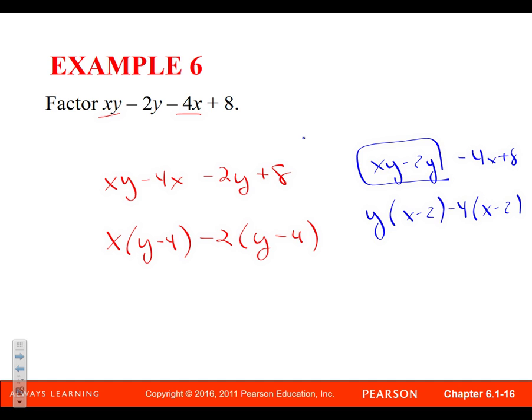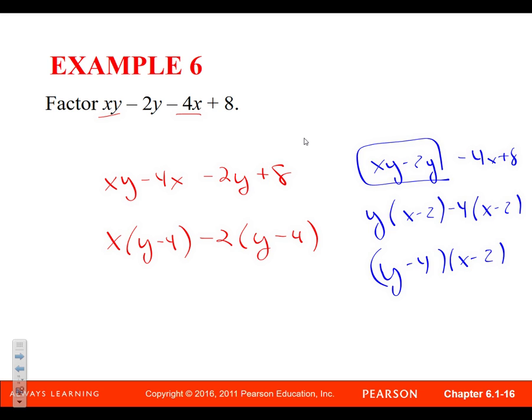Right, so as long as you can group something out, then you're good. So now I've got Y minus 4, because I'm factoring out the X minus 2. So you're getting the same thing here. As long as you're following the rules, you can't mess these up. Follow the rules.